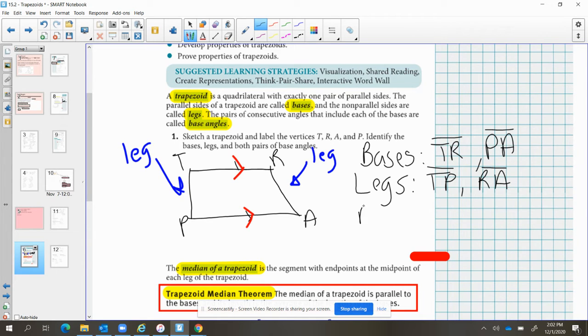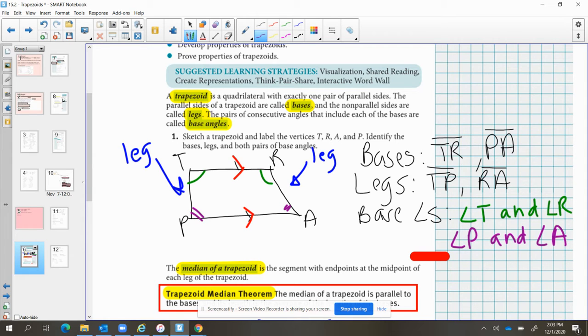Then we have two different pairs of base angles. The first pair of base angles are angle T and angle R. And the second pair of base angles are angle P and angle A. Those are the consecutive angles.